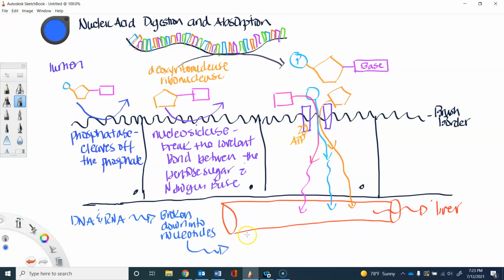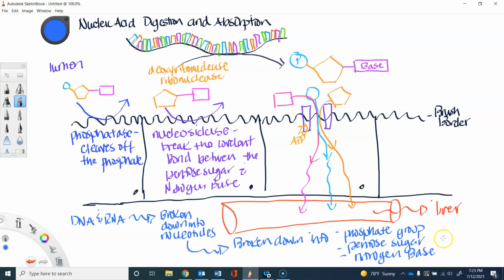And then from there, they're broken down into the phosphate group, a pentose sugar, and nitrogen base. And these are the elements that get absorbed into the blood. So that is nucleic acid digestion and absorption.